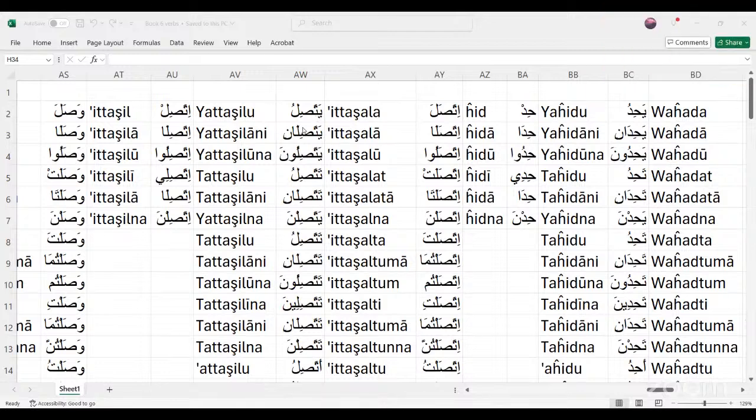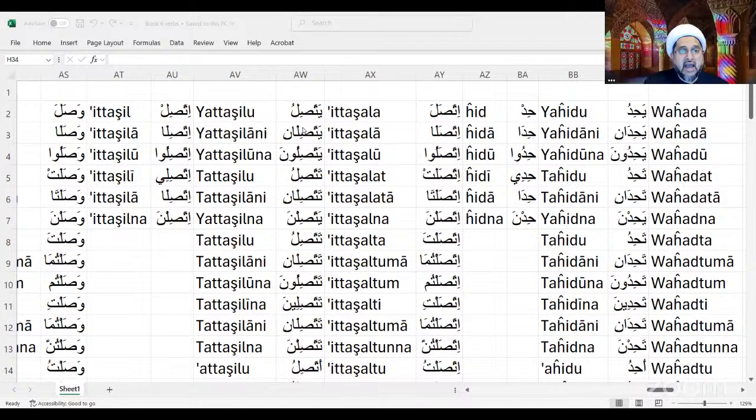Yattasilu, yattasilani, yattasiluna, yattasilu, yattasilani, yattasilna. Tattasilu, tattasilani, tattasiluna, tattasilina, tattasilani, tattasilna, tattasilu, nattasilu. Excellent.